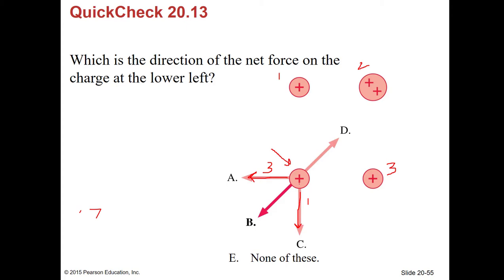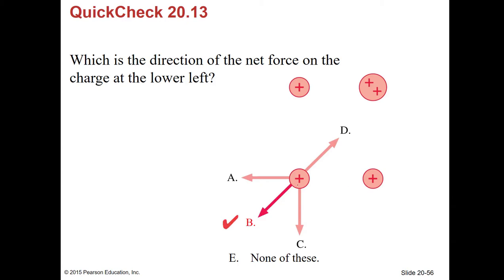Because they're like charges, they're repelling. This would be the direction of the force because of 2. Now if you were to add all those up, 3 pushes it to the left, 1 pushes it down, 2 is pushing it this way. So the net force is going to be in the same direction as 2, if you added them all together.